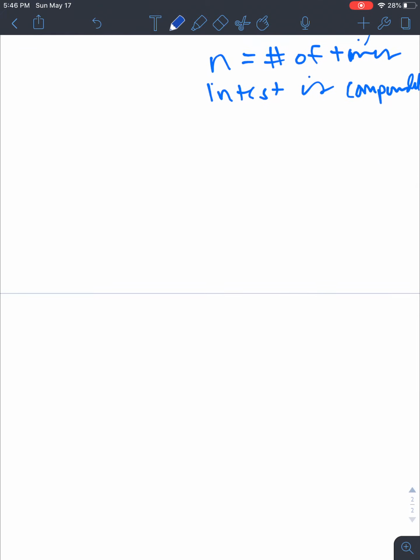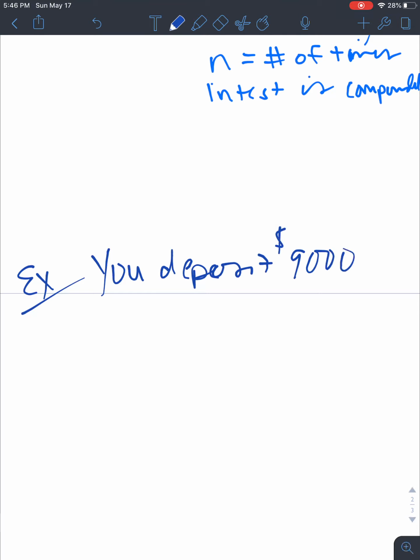Now, one of the bad things about compound interest is almost all of the examples are word problems, but don't worry, they're not going to be too intimidating. So you deposit $9,000 into an account that pays 1.46% annual interest.